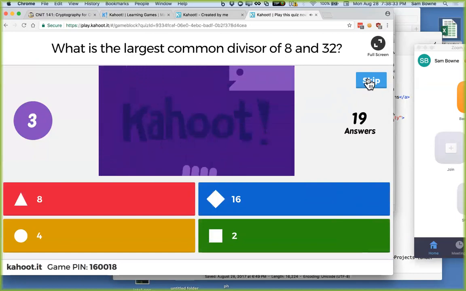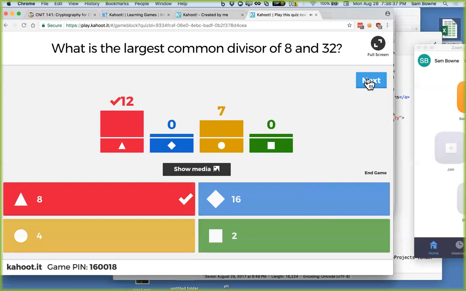If you hit the wrong one, you're just toast. There's no undo. All right, that's 8 because 32 is 8 times 4. So you can divide them both by 8. Some people gave 4. 4 is a common divisor, but it's not the largest divisor. 2, 4, and 8 are all common divisors. 8 is the largest one. All right, I don't know if I got any more of these or not.